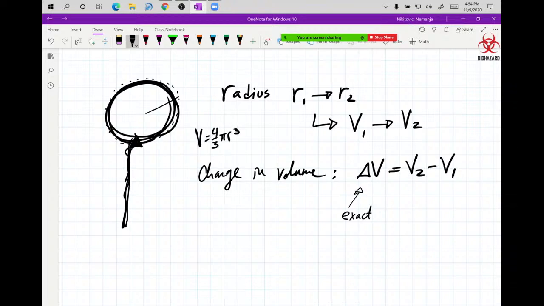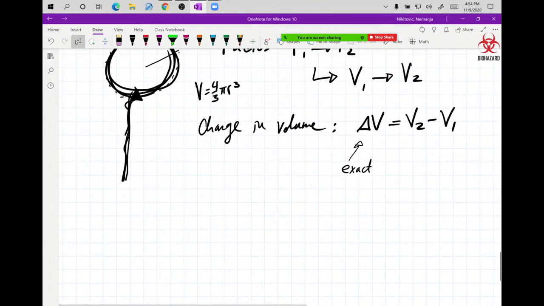You compute that for the larger radius, then you compute the same formula for the smaller radius. You subtract the two numbers, you get your exact change, because the volume of the balloon changed from V1 to V2 because we added extra air. But in general, it's too many calculations, right? It's too annoying. So is there a better way? And the answer is yes, differentials, which is why we're learning them.